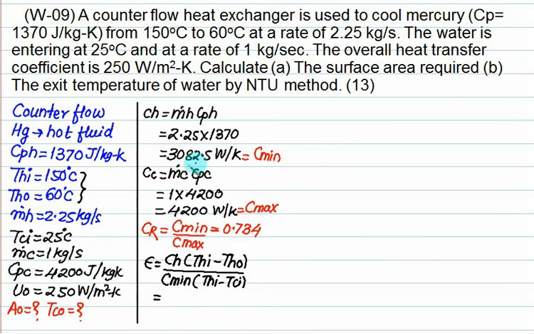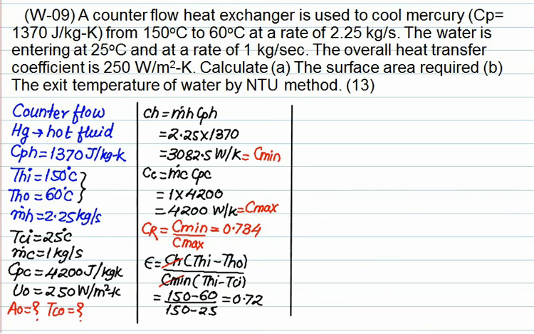CH is 3082 and is the same as C minimum, so this term will be cancelled. THI equals 150 and TCI equals 25. So we can find out effectiveness. So is it 0.72?